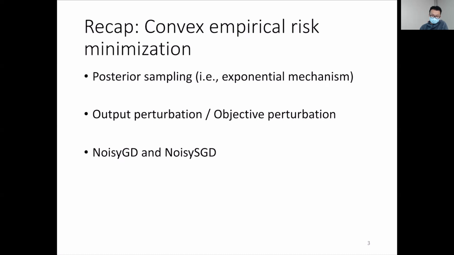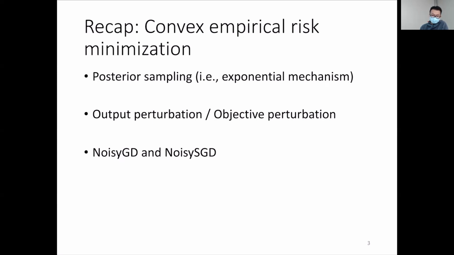Moreover, there are a breadth of other algorithms that we can consider. In particular, using tools from convex analysis and convex optimization, we can design algorithms that enforce a bounded global sensitivity of the argmin, the optimal solution that minimizes empirical risk.